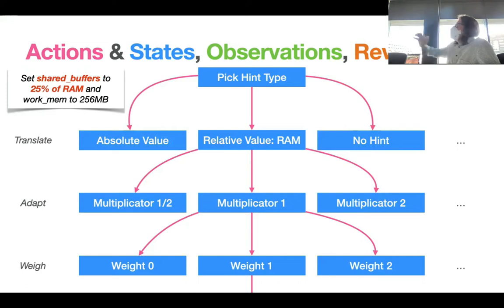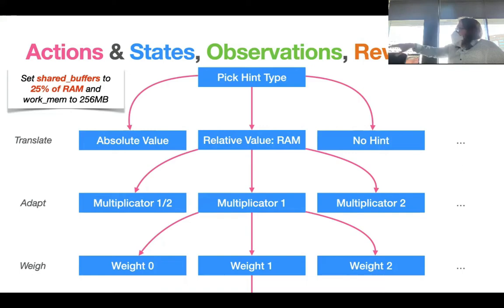So here we have the states in blue, and actions are modeled as arrows in pink. So we want to do those three things. We want to translate the hint, we want to adapt the hint, and we want to determine a weight for the hint. So now we are dealing with one specific hint, the set shared buffers to 25% of RAM hint that you see on the left upper corner.